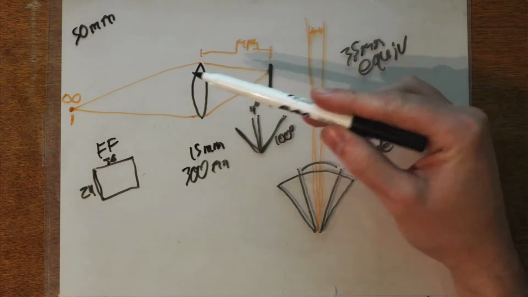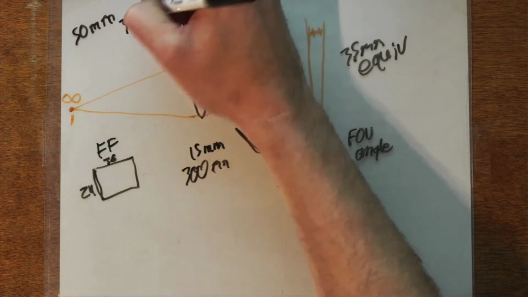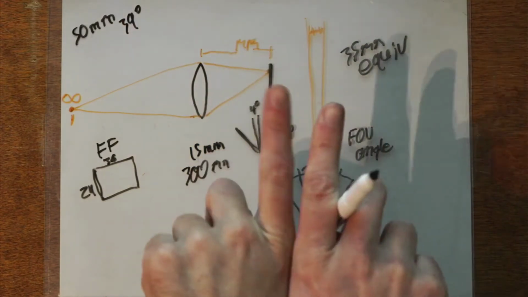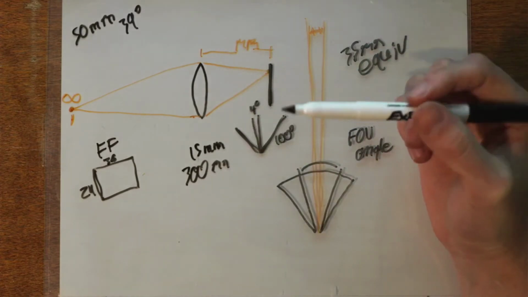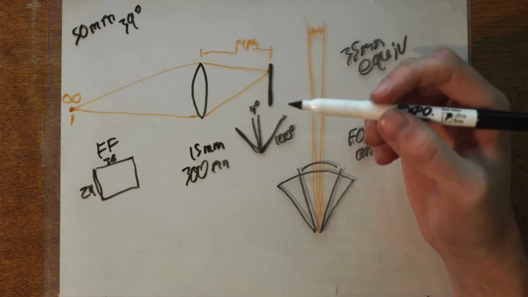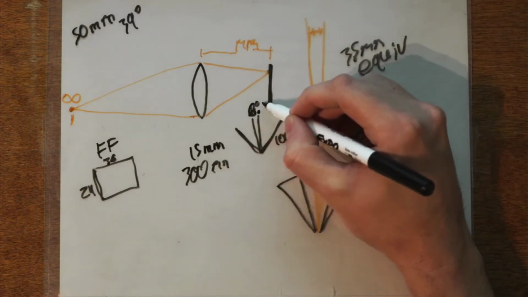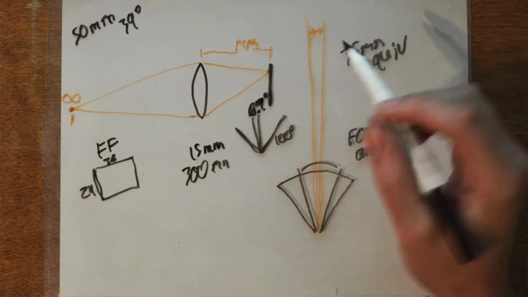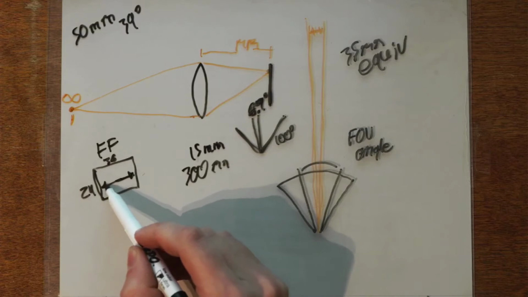The 50 millimeter that we talked about over here is 39 degrees field of view, so you can kind of do that out. 45 degrees is how big that is. Let's see, 300 millimeter is 6.9 degrees. Sorry, that was wrong. 6.9 degrees. And that's on the horizontal. That is this measurement horizontal.